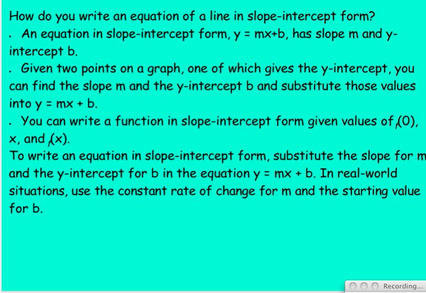And then you can write a function in slope-intercept form with the given values, particularly if you have f of 0 right there, because that's the equivalent of the y-intercept. To write the equation in slope-intercept form, substitute the slope for m and the y-intercept for b in the equation y equals mx plus b. And so that's basically how this all works.